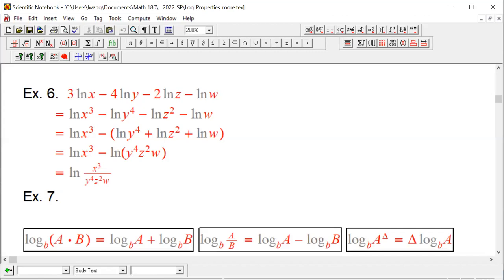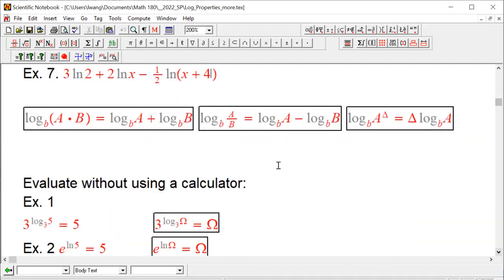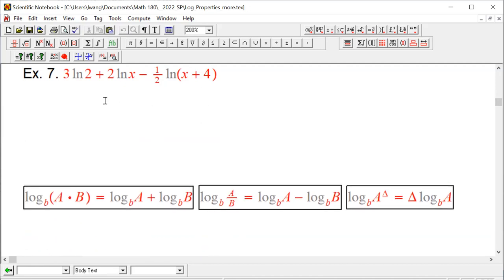Okay, example number 7. Okay, in this example, we have 3 ln 2 plus 2 times ln x minus half of ln of x plus 4. And we're going to make a single log.